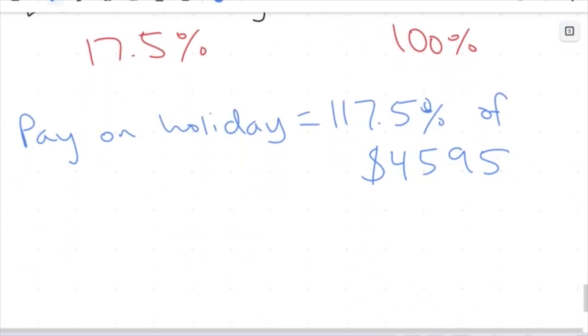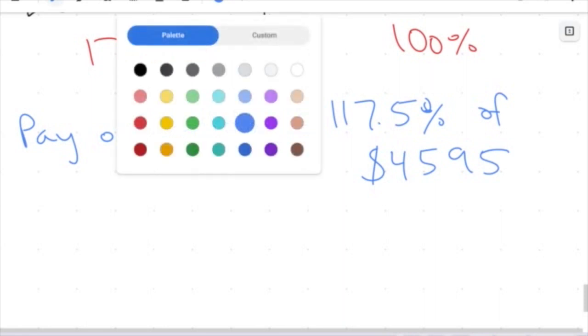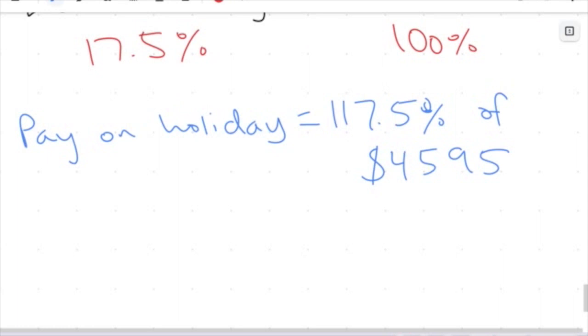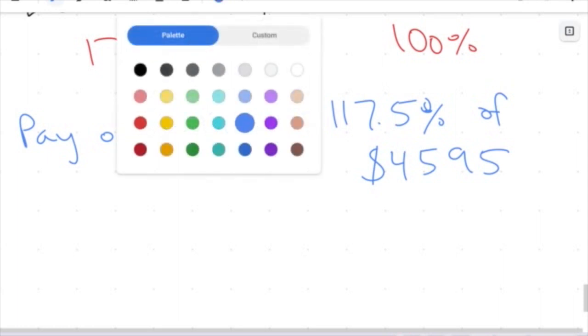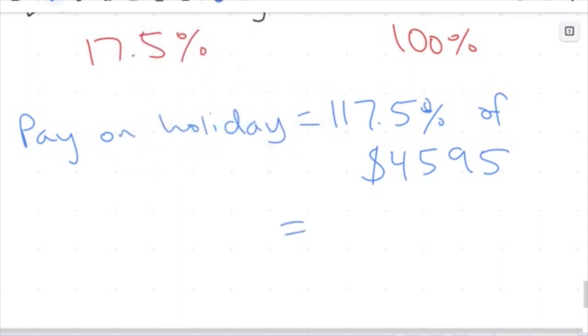If you remember, when we're taking percentages of a quantity, this is all revision from last year's material, I can express the percentage as a decimal: 1.175 times 4,595.